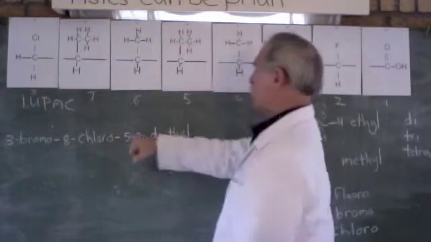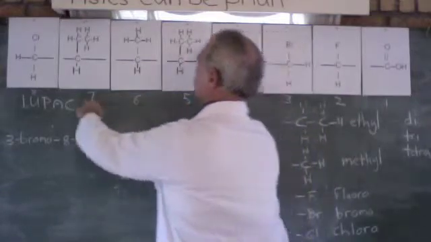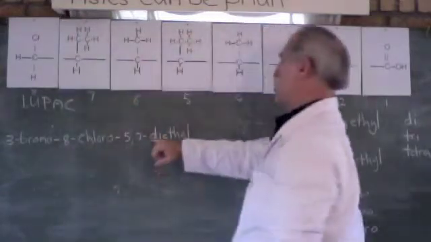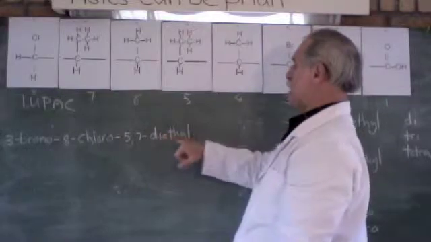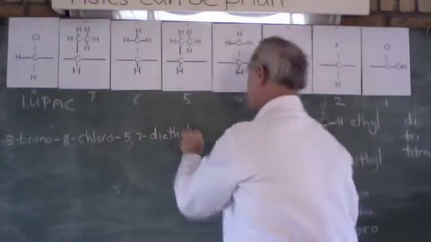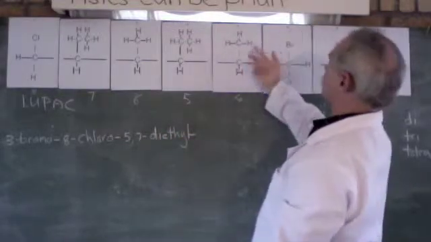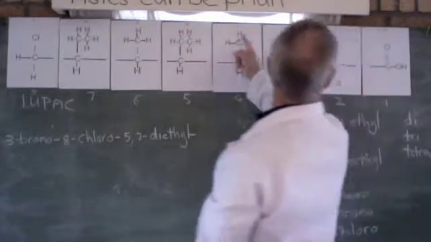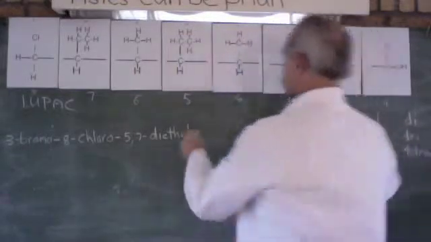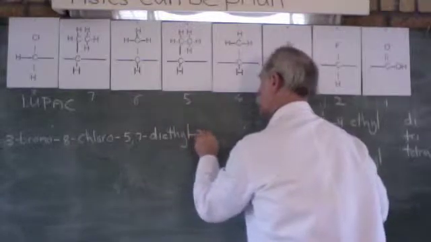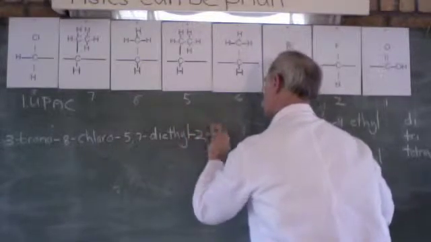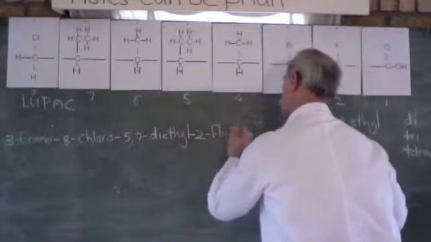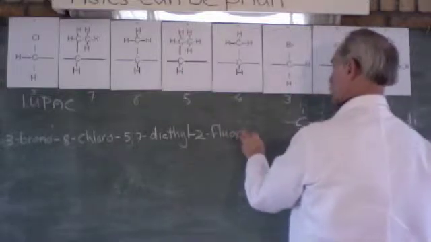So on 5 and 7 are ethyl groups. 5,7-diethyl-. Now what comes after E? We've got fluorine. 2-fluoro-.